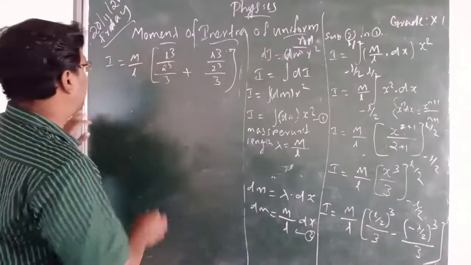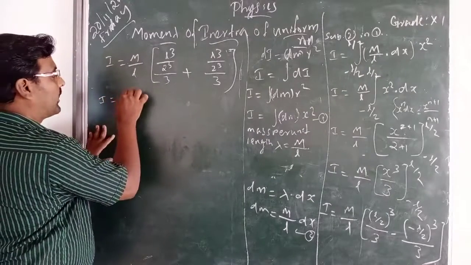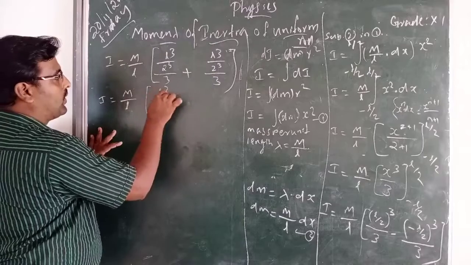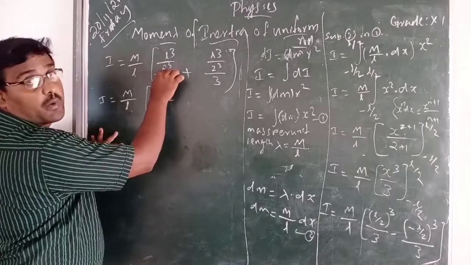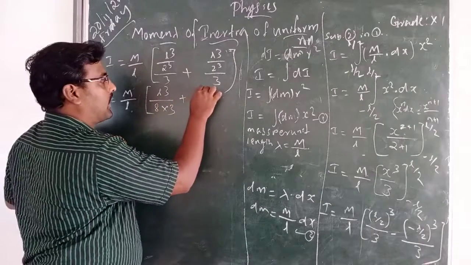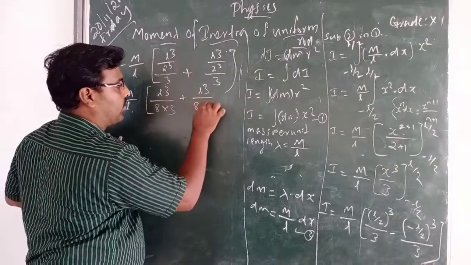So what will come? I equals m by L, cube divided by 2 cube is 8. So 8 into 3 plus L cube by 8 into 3.